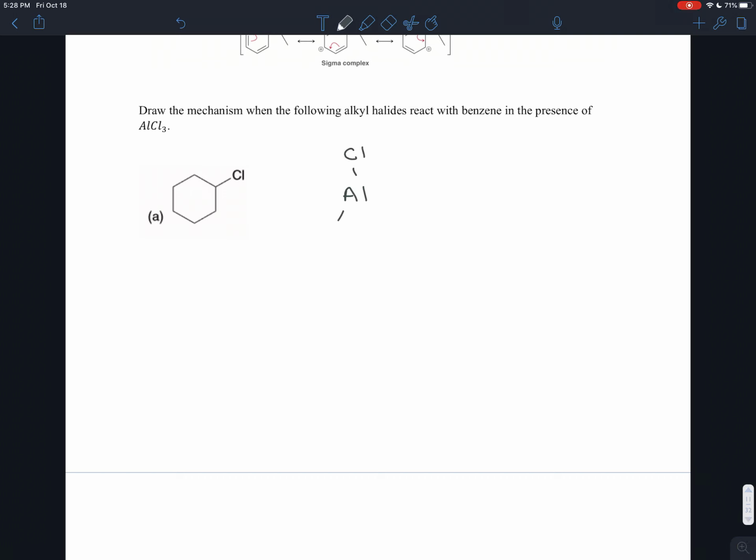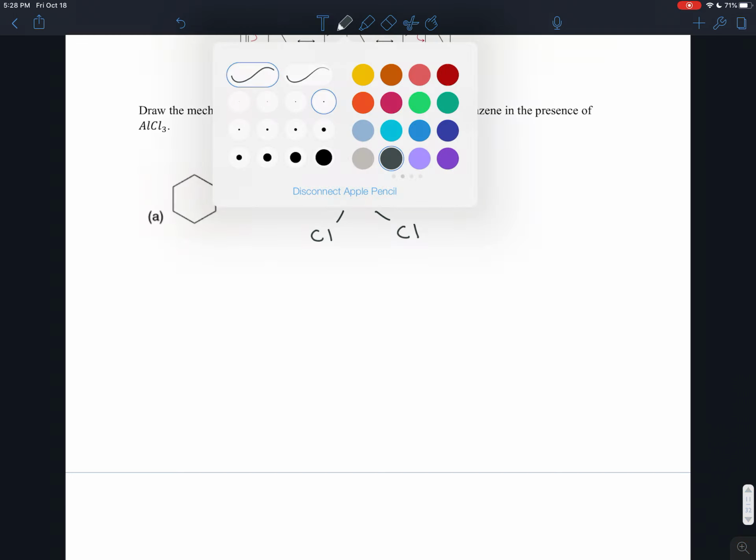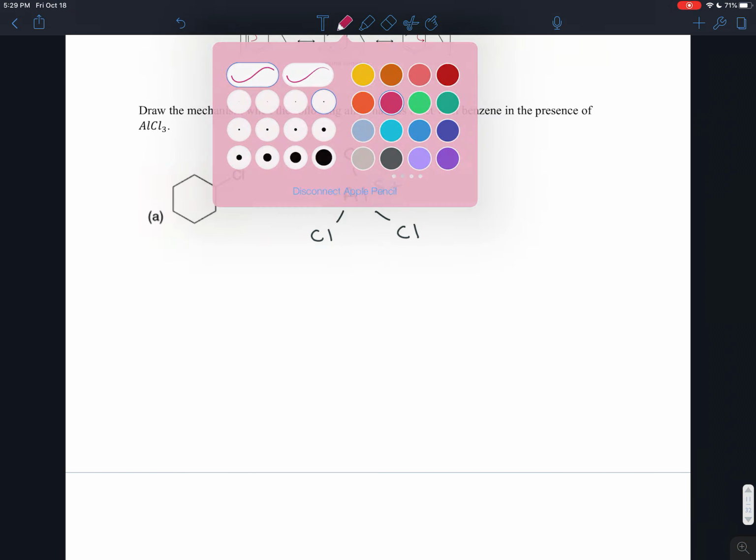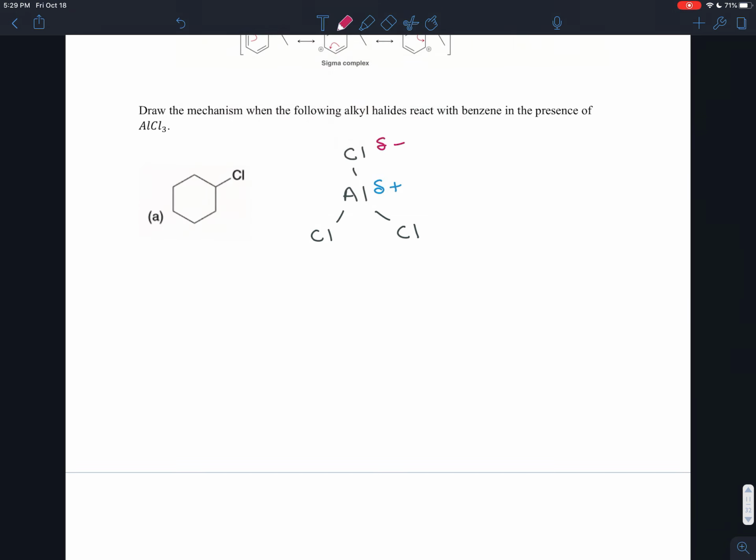And the metal catalyst is going to do a similar thing here as it did in the case of bromination. Anytime you see a metal in organic chemistry, you want to think, that metal has such low electronegativity. It's going to give its electrons away and become slightly positive. And whatever atoms it's bonded to, those will become slightly negative. Now in this case, the aluminum is slightly positive, and it's bonded to 3 atoms, and it has no lone pairs around it.